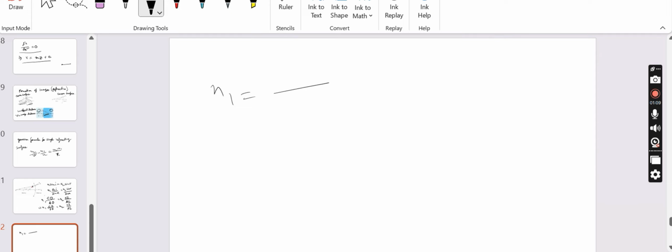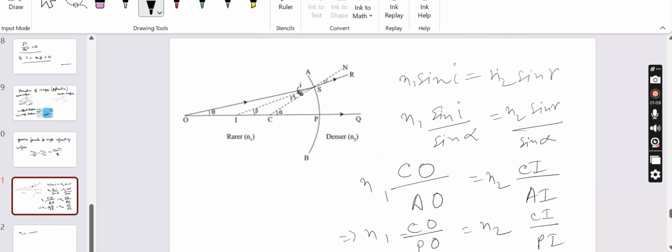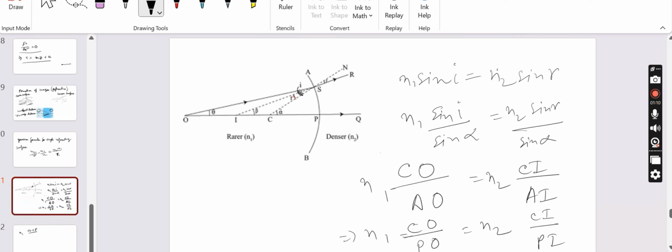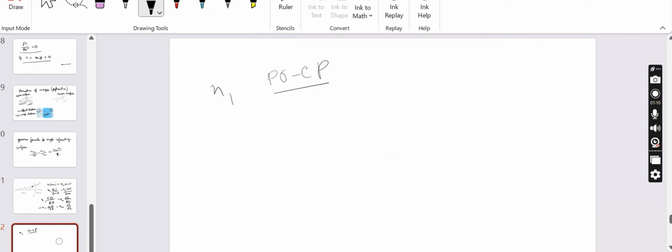So n1, CO can be written as PO minus CP, and CI can be written as PI minus CP, and PO and PI.